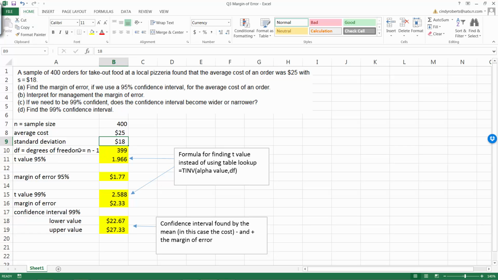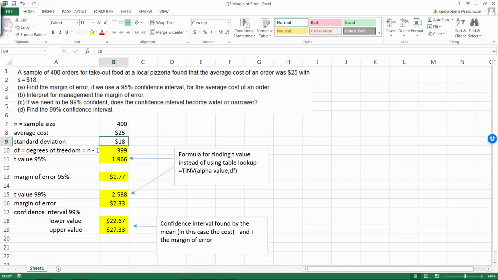To be able to find the t-value, because I need that for the formula for margin of error, because the margin of error formula says to take the t statistic, so you'll be learning this week that that's its own distribution, multiply it by the standard deviation divided by the square root of the sample size.